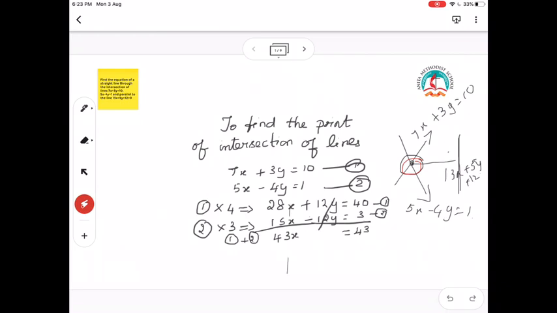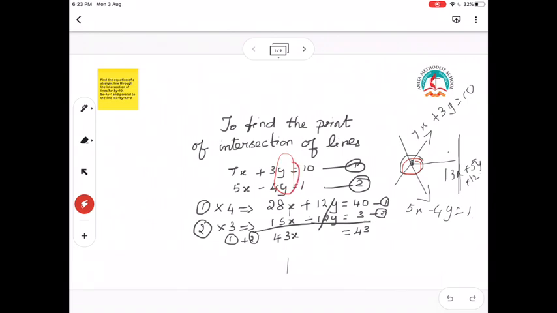We have to find the value of x and y. We learned last year, in 9th standard, in algebra, simultaneous equations: when two equations are given, how to find out the values of x and y. So first, the first equation is 7x plus 3y equal to 10, and the second equation is 5x minus 4y equal to 1.